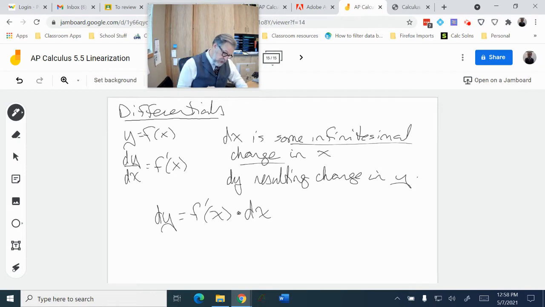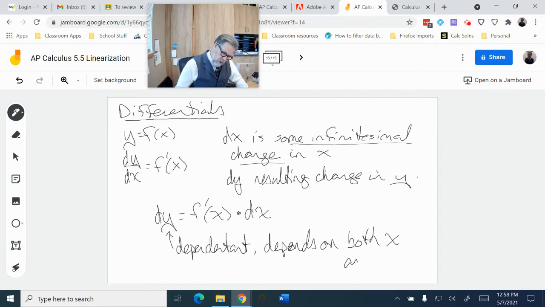One of the things we do have to notice here is that this is a dependent variable because it depends on both x and dx. So I could tell you that x is equal to 1, and I'm interested in a change right there, but I also have to tell you that I'm going to go 0.01 to the right for you to calculate the change in y.